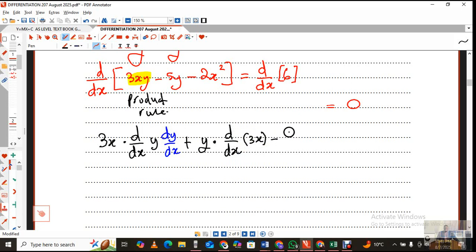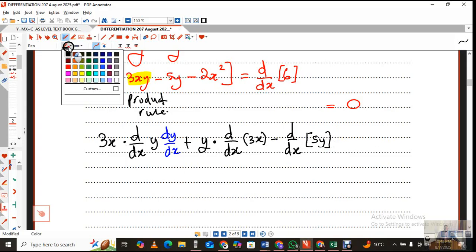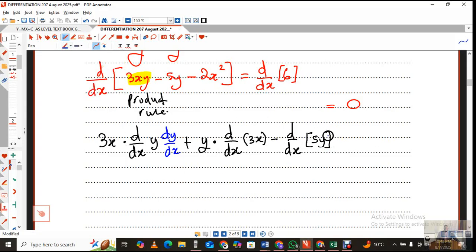So minus 5y, so if you have to derive this, you will say d by dx of 5y. Remember, you need to attach, because you are differentiating with respect to x, so you're going to say dy dx every time when you have y.